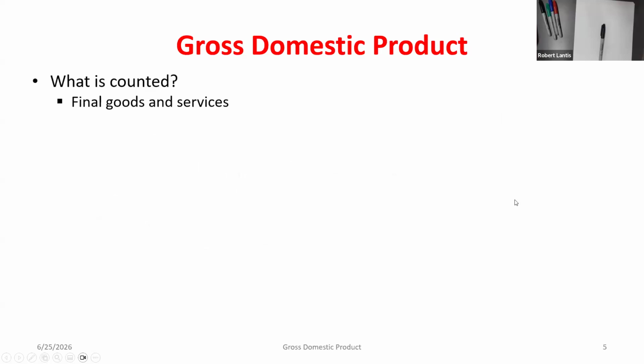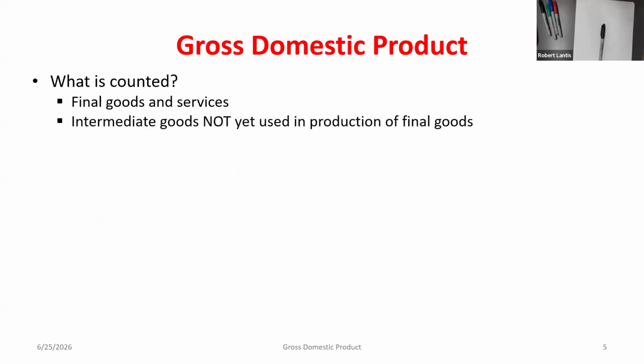So what is going to be counted in GDP? We know for right now we're calculating nominal GDP. We'll talk more about real GDP in a second. But what's going to be counted are all final goods and services. So intermediate goods, the goods that are purchased to create these final goods, are not. I think the example I gave last class was semiconductors used to produce electronic products.